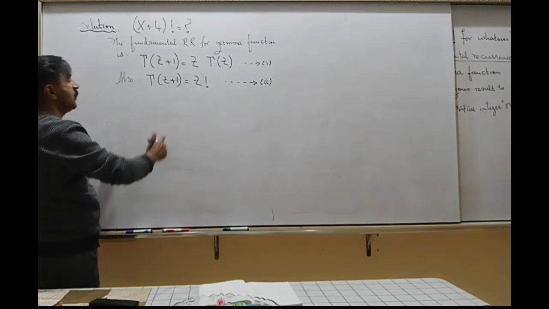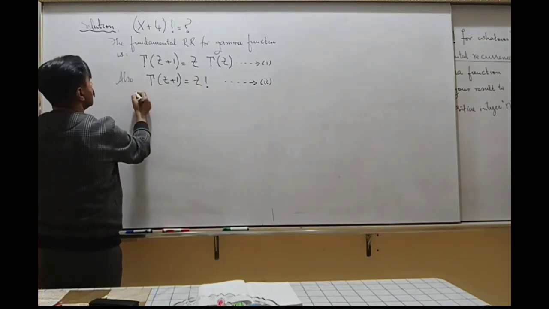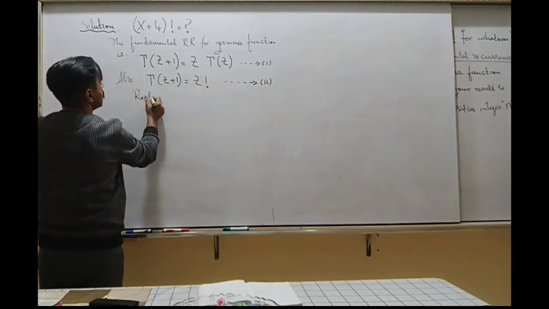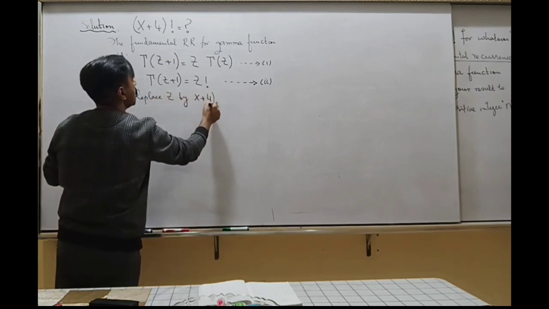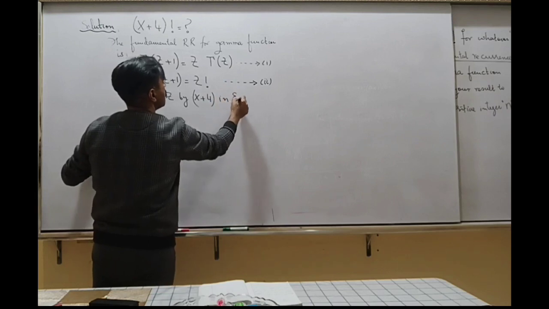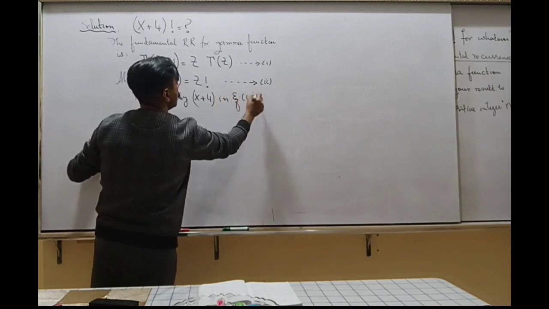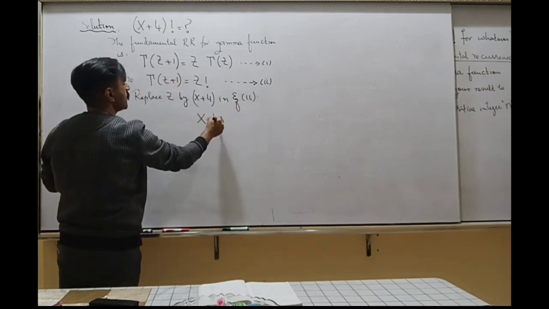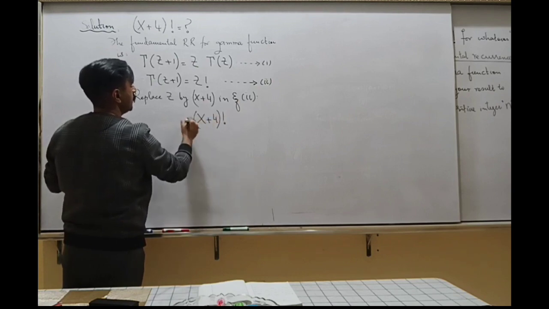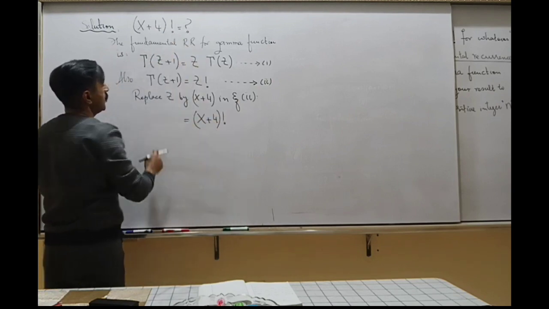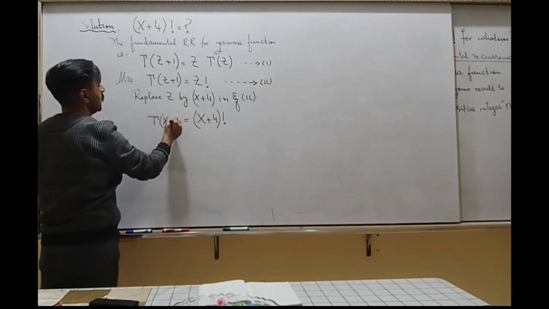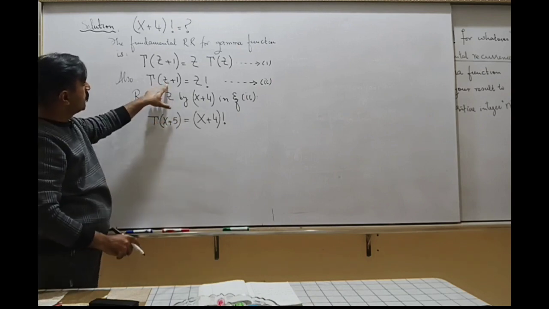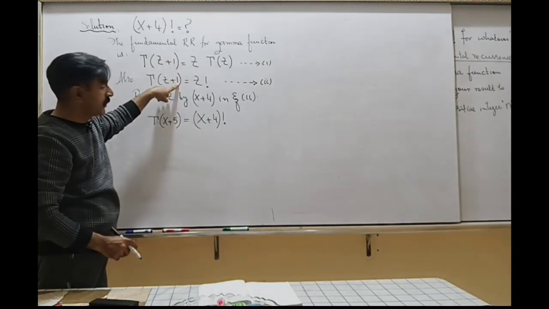So replace z by x plus 4 in equation number 2. It will give you x plus 4 factorial, which you are required to find, and on the left you will have gamma of x plus 5, because x plus 4 plus 1 makes x plus 5.